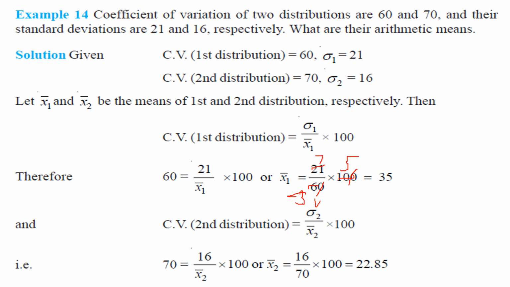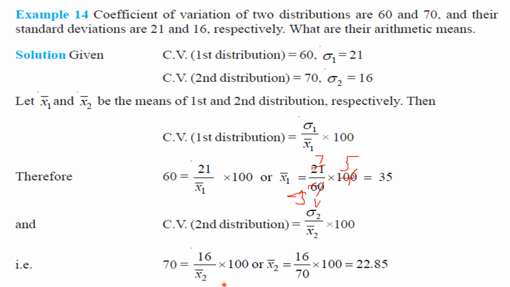Right. Similarly, coefficient of variation of the second distribution is equal to sigma 2 by x2 bar into 100. Similarly, in this equation also, let us substitute CV of the second distribution and sigma 2. So that is 70 is equal to 16 by x2 bar into 100. Understood this step, my children? Right.